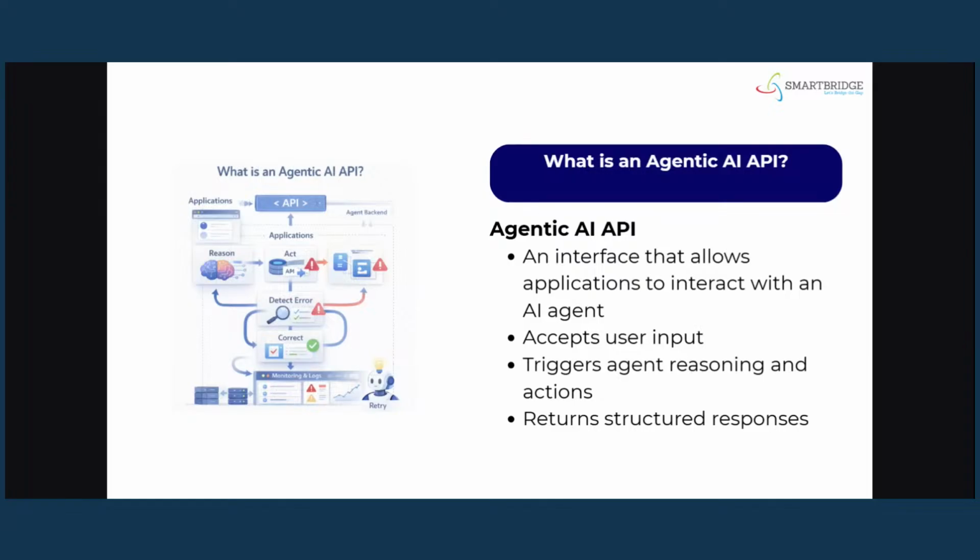So basically, agentic AI APIs are important because in modern generative AI, systems no longer just generate text. They are expected to solve problems, make decisions and complete tasks end to end, right? Traditional APIs simply return output for fixed inputs.